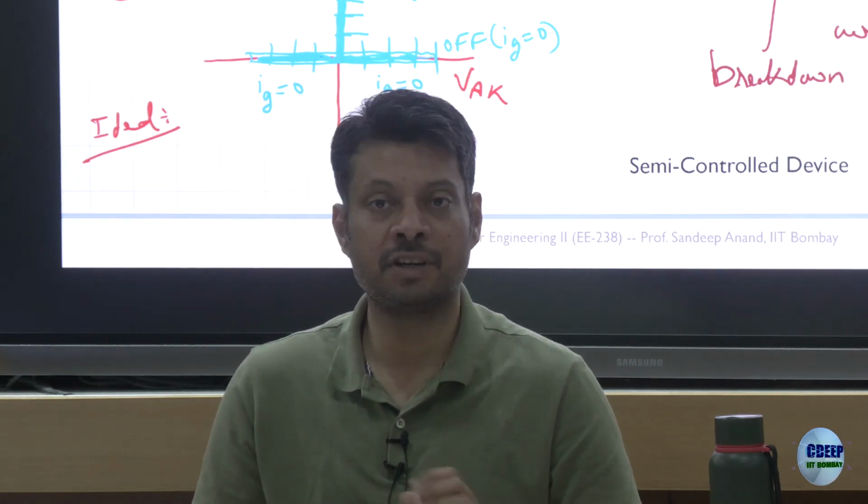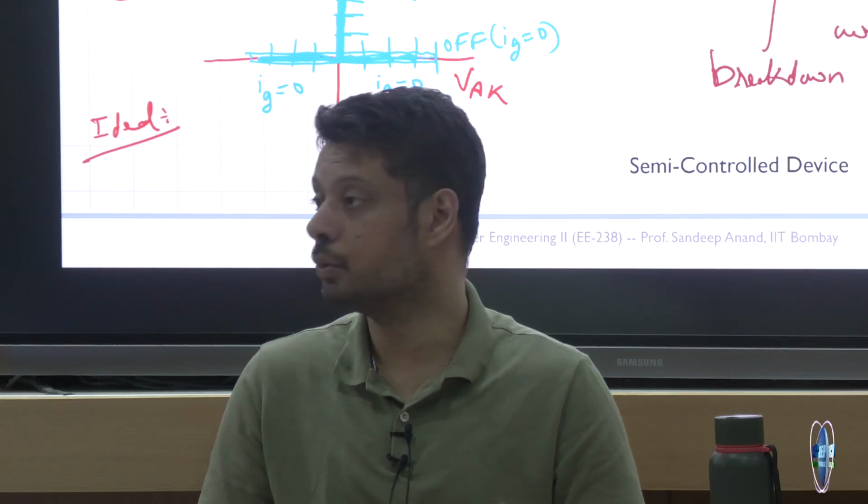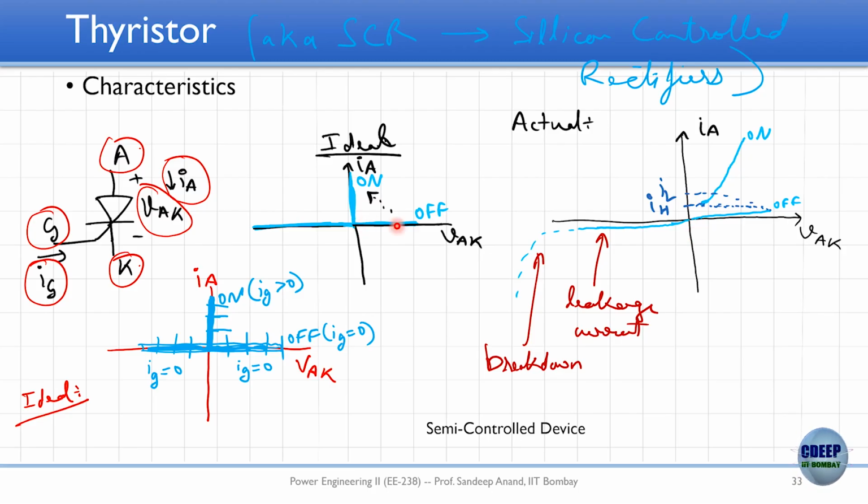Now, let us look at the forward bias and Ig is 0. This was the ideal characteristics. You apply 50 volt, 100 volt, current is 0. In reality, there may be some small leakage current, more or less current is 0, there may be some small leakage current, right.